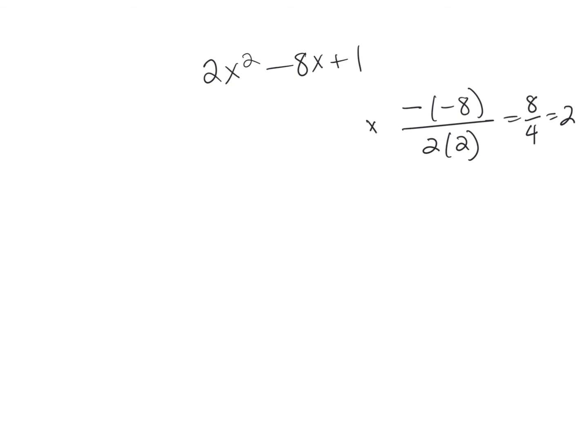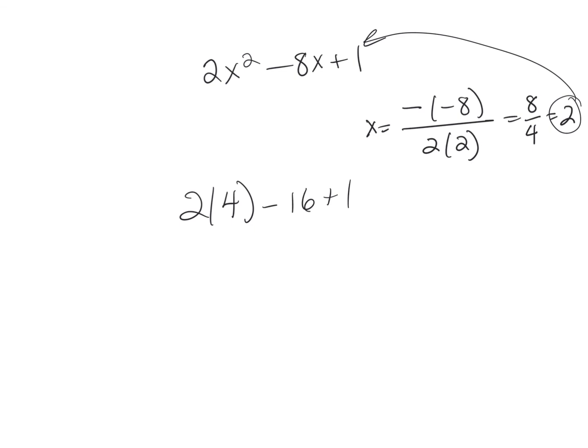So my axis of symmetry is x equals 2. Now, I plug this 2 into here. So I get 2 times 4 minus 16 plus 1, which is 8 minus 16 plus 1, which is negative 8 plus 1, which is negative 7. Okay. So now my vertex is 2 comma negative 7.